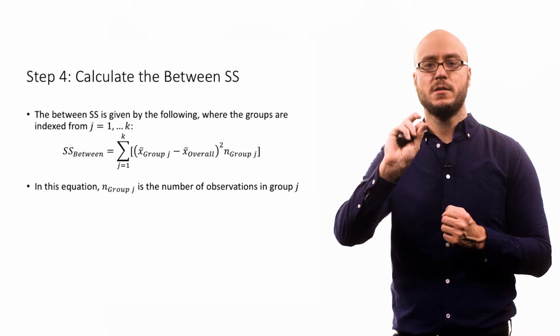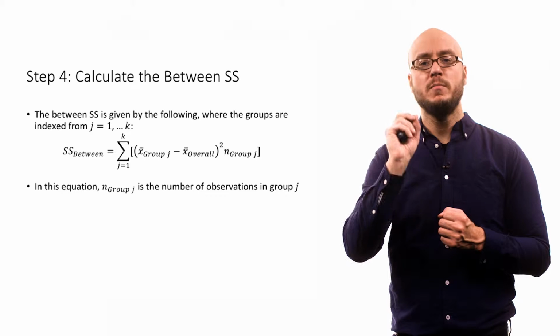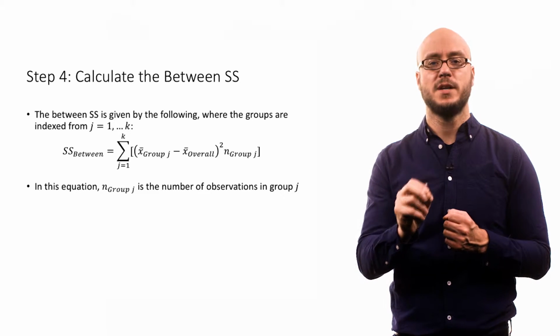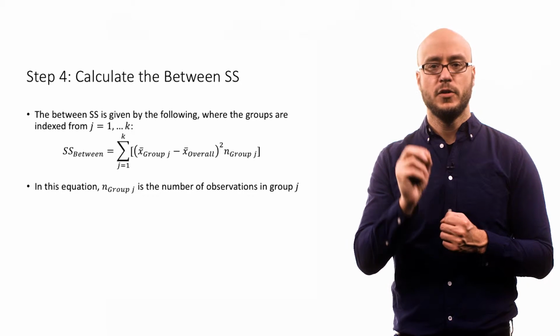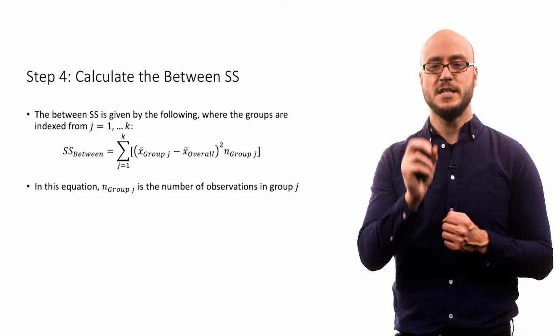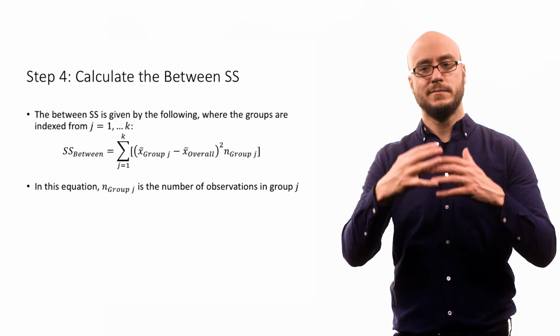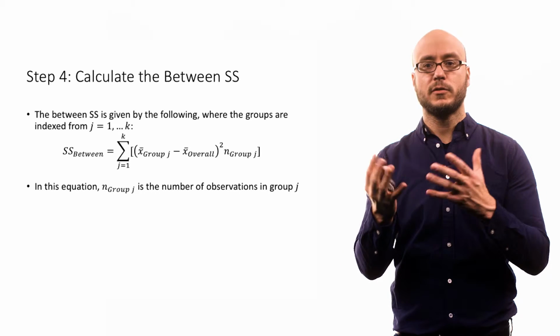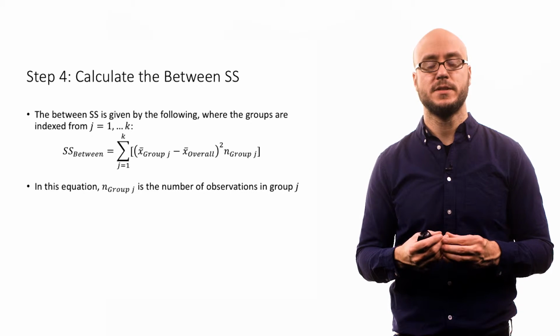Then we square that value, so it's positive, and then we multiply by the sample size of that particular group j. The reason we multiply by the sample size for that particular group is so that we take into account the fact that different groups have different numbers of observations in many instances.